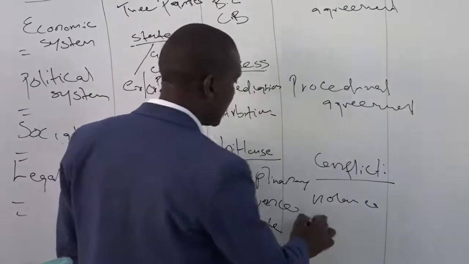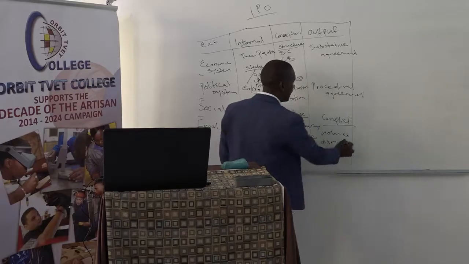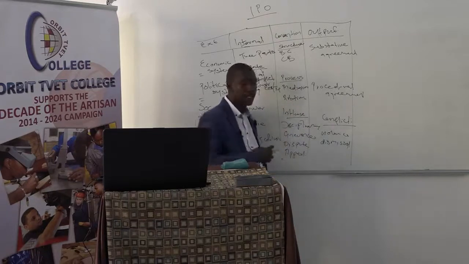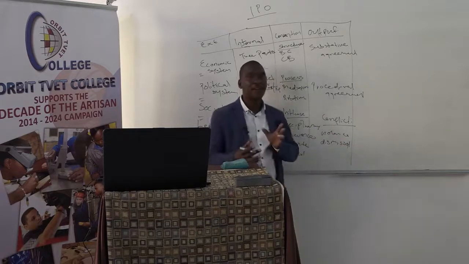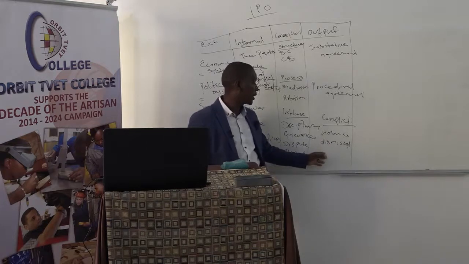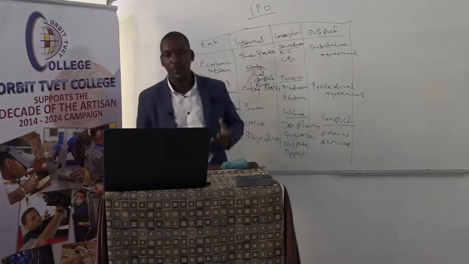It can be dismissals, because now the employer will have to retaliate as well. So it's going to be conflict, it's going to be violence, it can be dismissal, or it can be anything that will affect the relationship and eventually result in the loss of production, employee absenteeism, or even the company being closed.